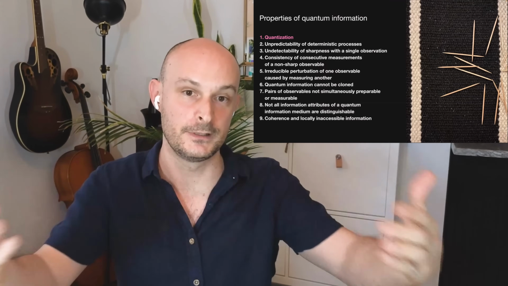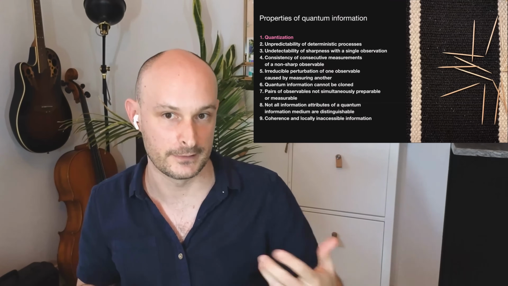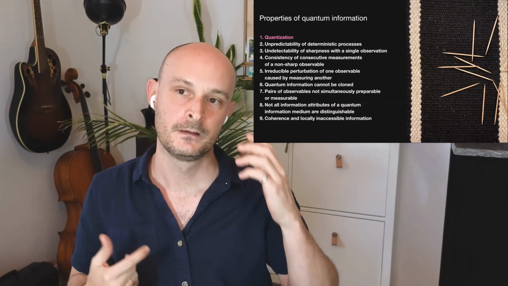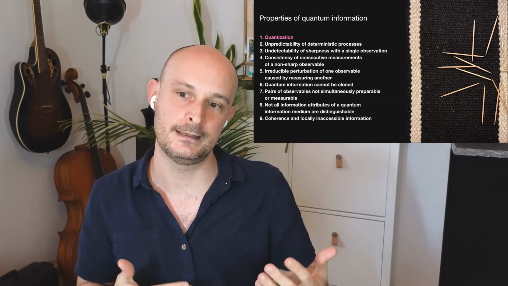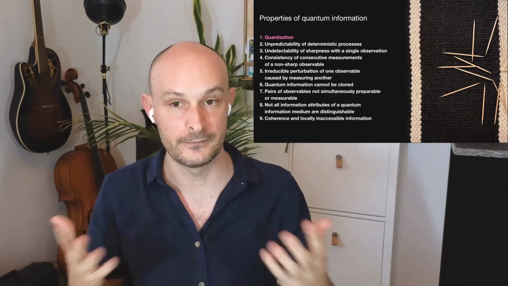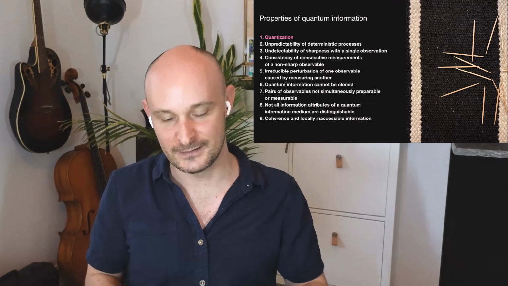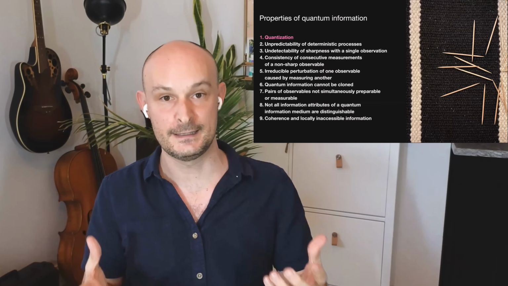These are other things that fall out once you understand what quantum information is. I've listed these in order of how hard they are to understand and what I really wanted to cover in this talk. So the first one is this concept of quantization.